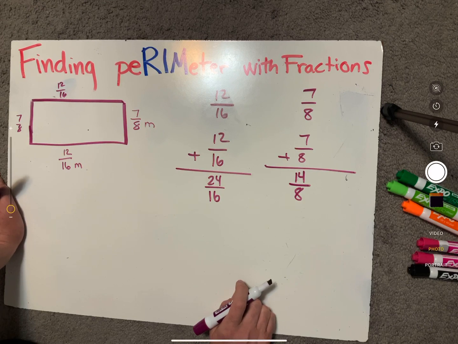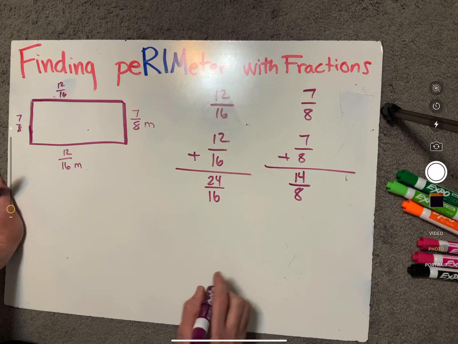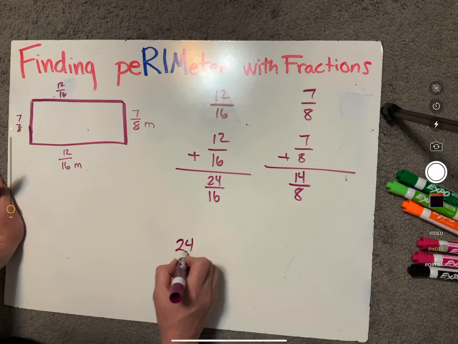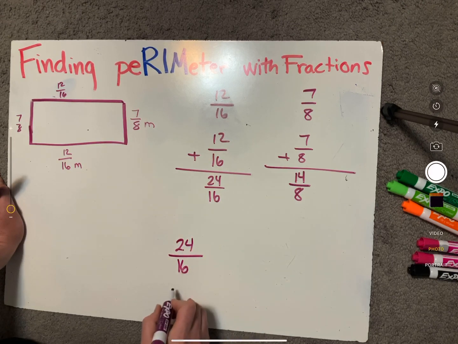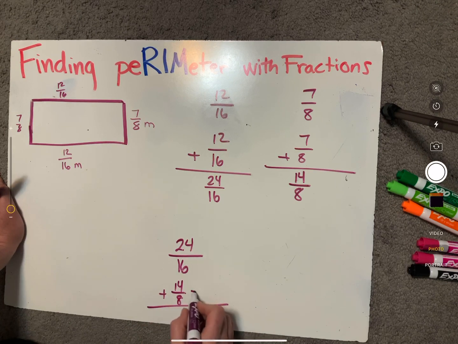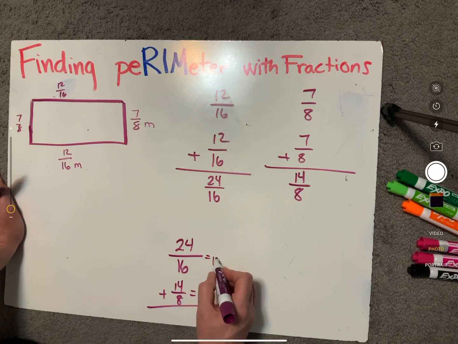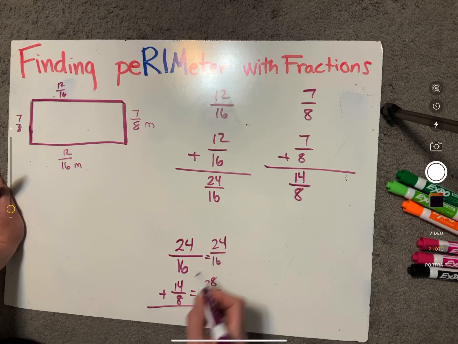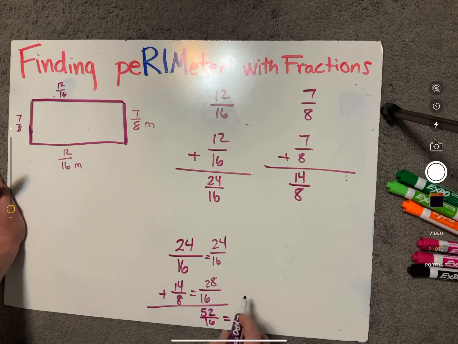Okay, so now when we add these up together, we're going to have to do 24/16 plus 14/8. So we've got to make our equivalent fractions here. This is going to be 28/16, 24/16. So when we add this up again, we're still going to get 52 over 16.